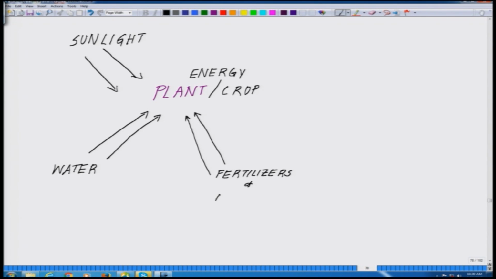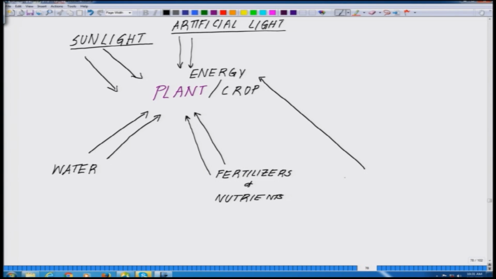Even with sunlight, there may be a situation where you have to do it indoors, so you need a different kind of setup, say if you have to use artificial light. After this you need to spend on plant protection measures against attack from pathogens and other microbes.